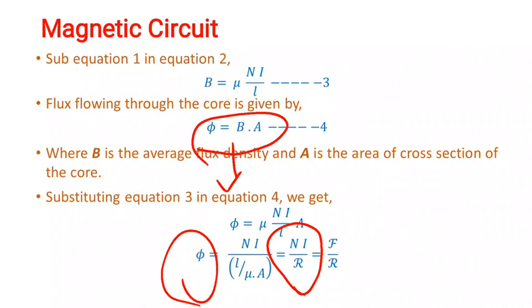In a magnetic circuit, reluctance opposes the flow of magnetic flux. So the flux is equal to Ni by R, that is, F by R. That is the magnetic flux in this particular circuit. So you have to remember these equations.